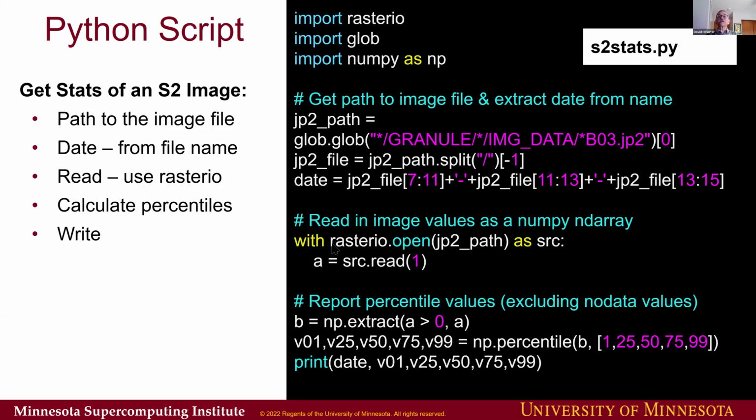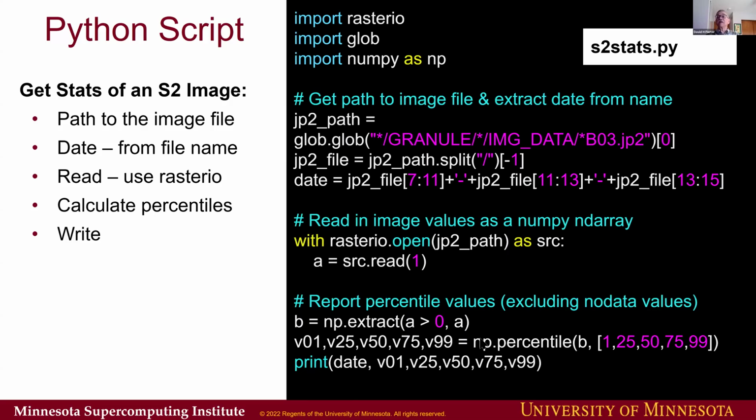And then I use this raster IO module to read in the data for band 3 as a Python array, a NumPy Python array, which I can then use NumPy methods like extract to only extract the real data. I know that the value 0 corresponds to no data in these files.